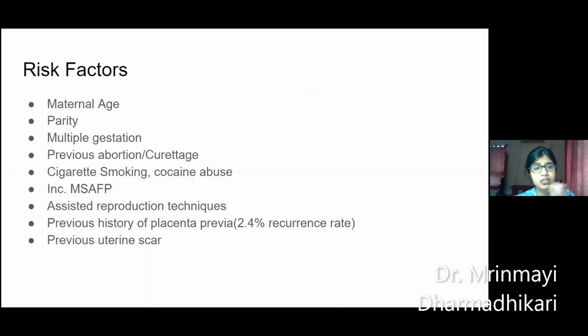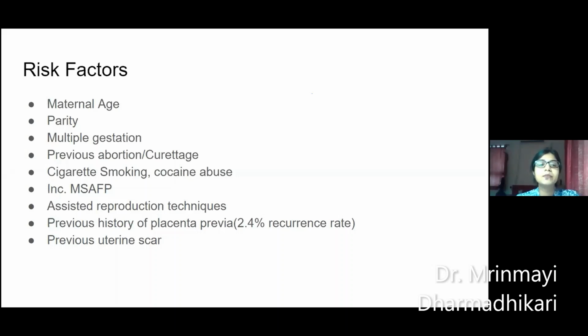Previous abortions and curettage: this also causes aberrant decidual vascularization, giving rise to increased chances of placenta previa. Next, cigarette smoking, cocaine abuse. Again, this leads to hypoxemia, giving rise to a compensatory placental hypertrophy. The placenta is enlarged and therefore has higher chances of encroaching upon the lower uterine segment.